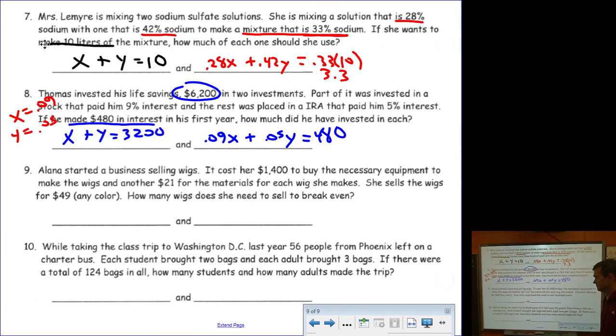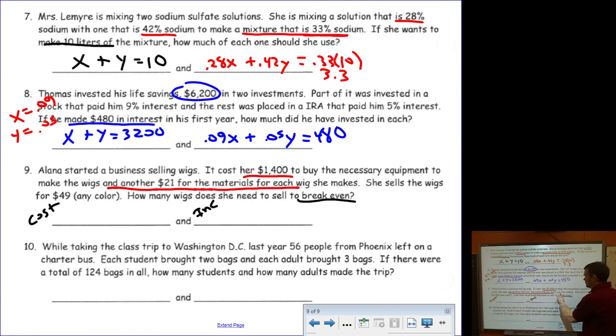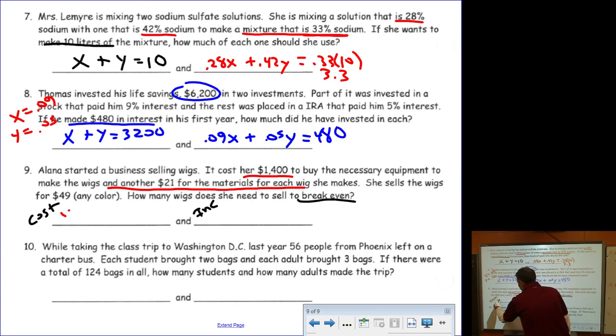Number 9. All right, so number 9 is one of these break-even problems. That means I need a cost equation and I need an income equation. My cost equation would be $1,400 and $21 for each wig. So y would equal 1,400 plus 21x.